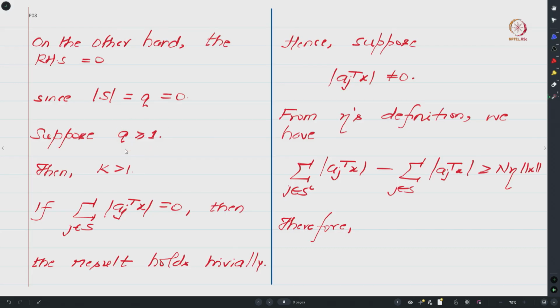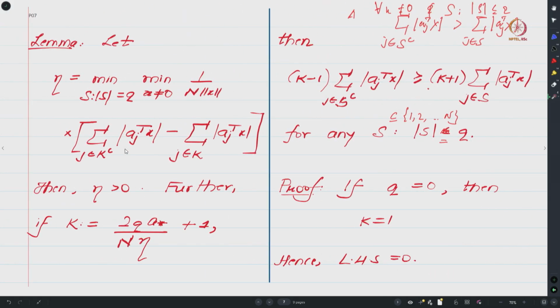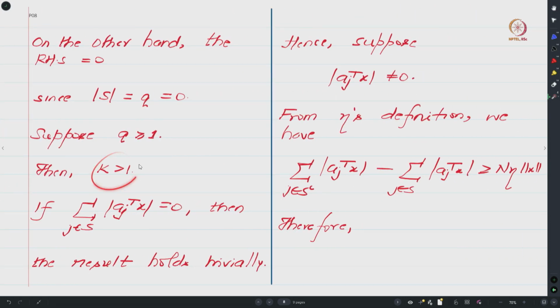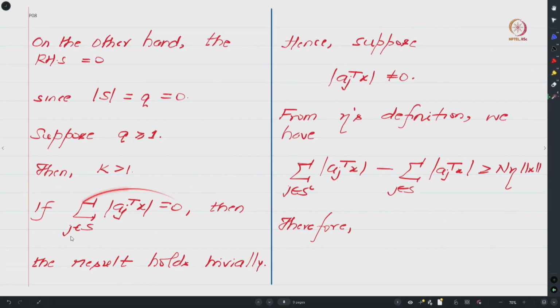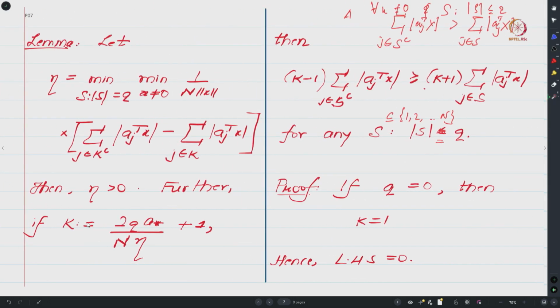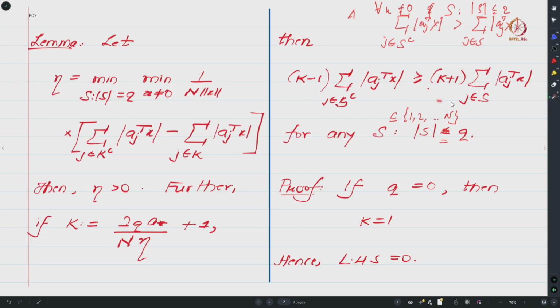Now when q is bigger than or equal to 1, from the definition of k one can see that k will be strictly bigger than 1, that is what I have written over here. So now we want to prove this inequality. Towards that, let us presume that the right hand side, this expression, is 0. If this expression is 0, then the right hand side will be 0.